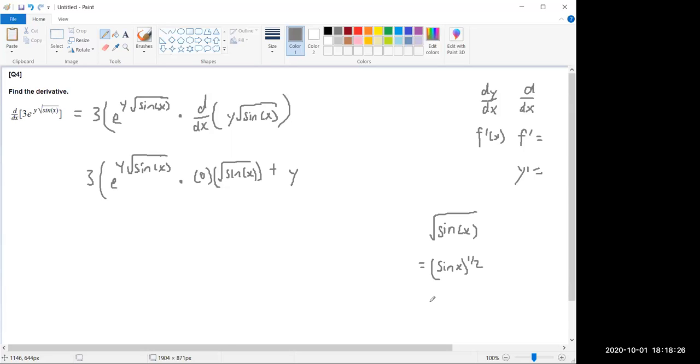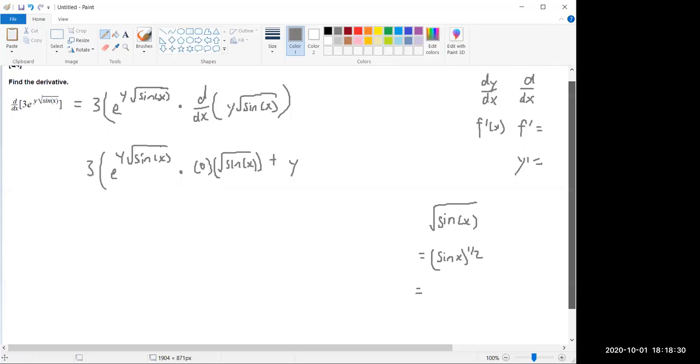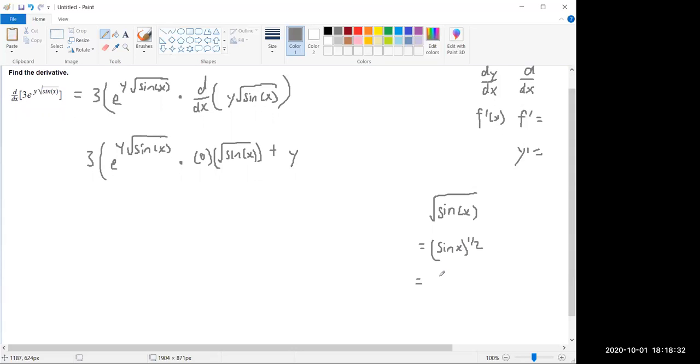So how can we take the derivative of this? Recall that you bring the exponent to the front, and then you subtract 1 from the exponent, and then you have to multiply by the derivative of sine of x. So that's cosine.